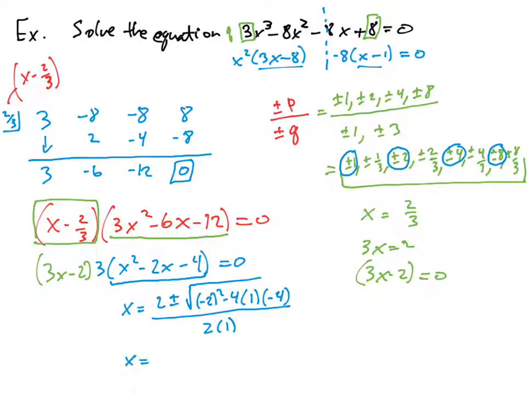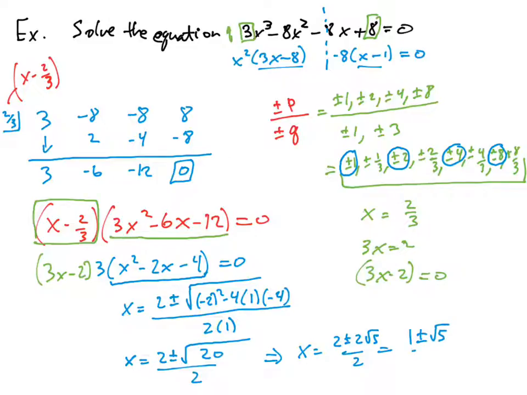So x equals 2 plus or minus the square root of... -4 squared is 4. -4 times -4 is 16. So 4 plus 16 will be 20, divided by 2. What we're going to get here is x is equal to 2 plus or minus 2 square root 5 over 2. Reduce that to 1 plus or minus root 5 over 1, or just that.